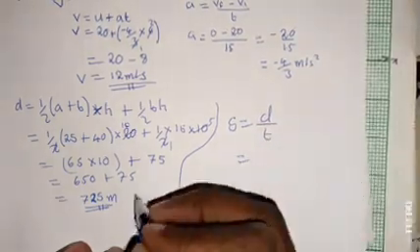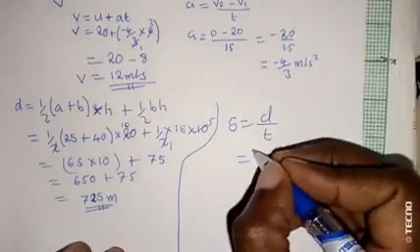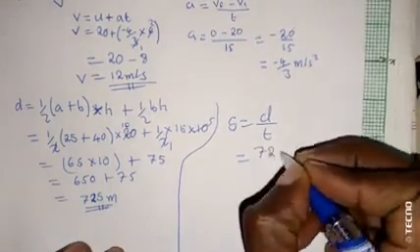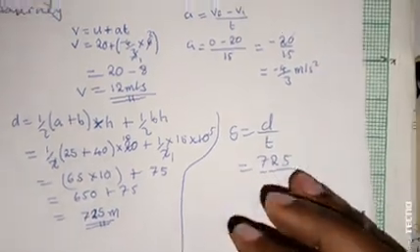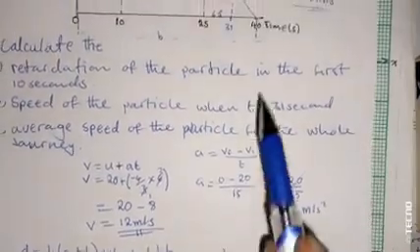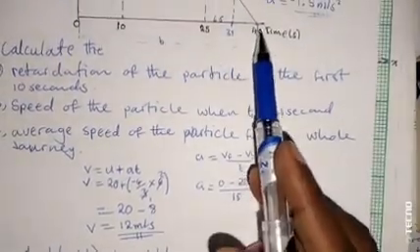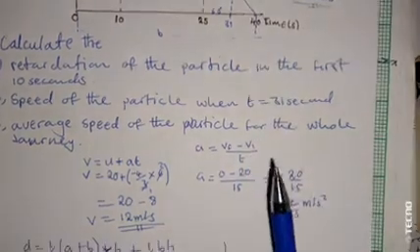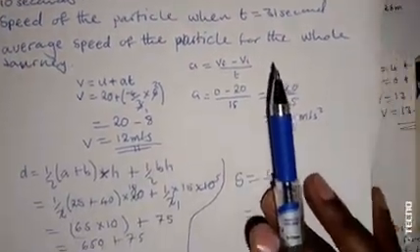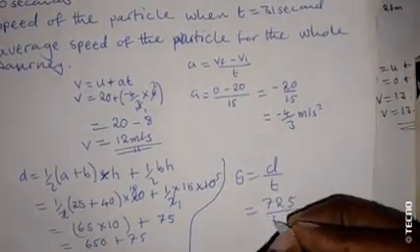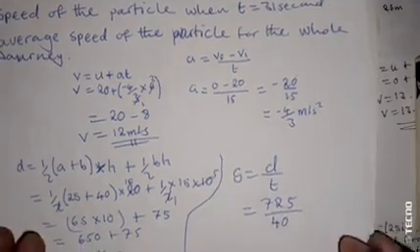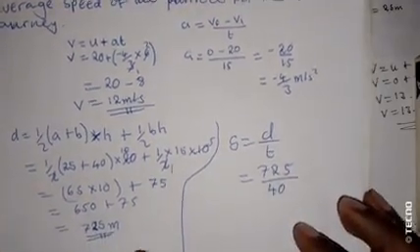So here our distance is this one, which is 725 over time taken here. So we'll take this. This is the time taken here, which is 40. Okay, 40 is the time taken. It's the one that we are going to consider here. So we'll divide by what? 40.